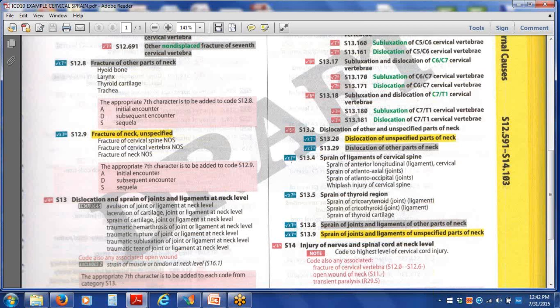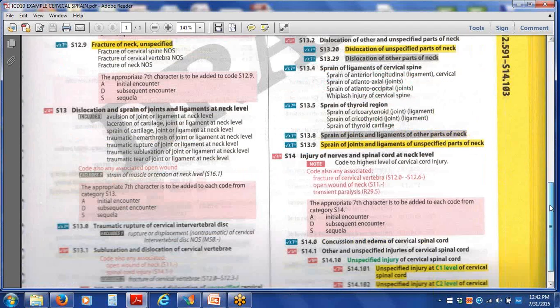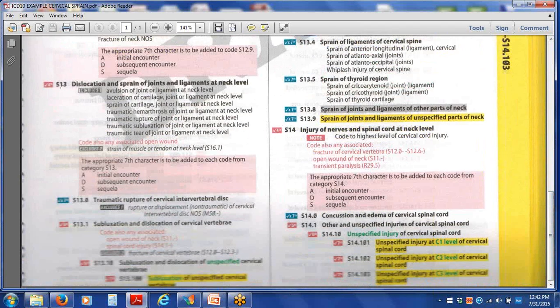So in this case, if I am coding a cervical sprain and I have to code out to the 7th digit, and if you go to the beginning of S13, it has some of the coding rules. So I come down here, and here's S13, and everything under S13 has some general coding rules.